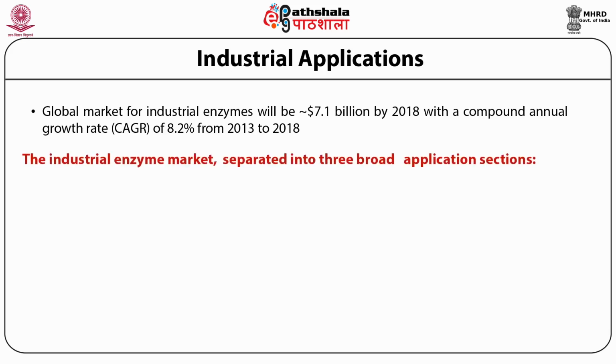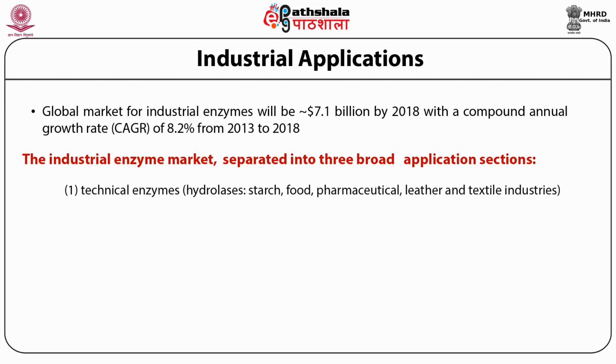Now let us see how these enzymes are sectioned according to their industrial use. The industrial enzyme market is separated into 3 broad applications, leading to 3 different sections of these enzymes. The first section is technical enzymes, where the hydrolases figure, and the hydrolases are utilized in starch, food, pharmaceutical, leather, and textile industries.